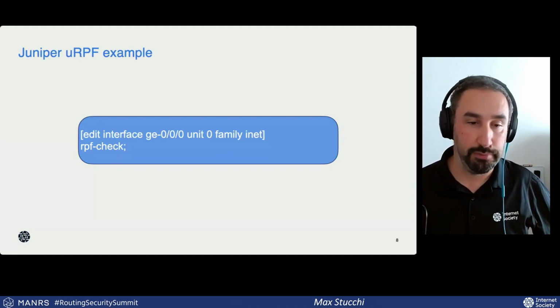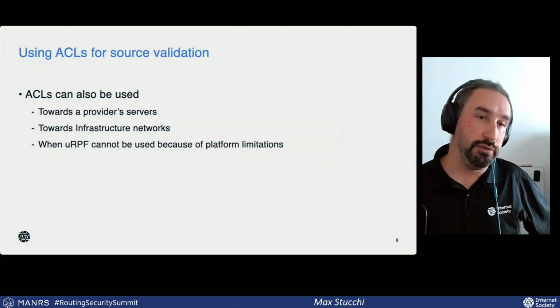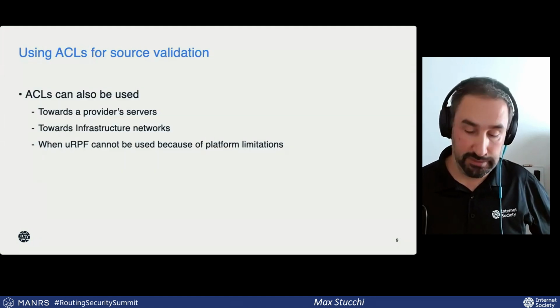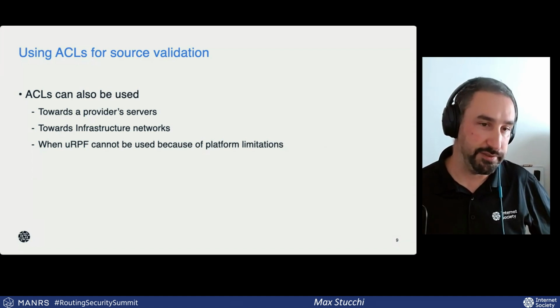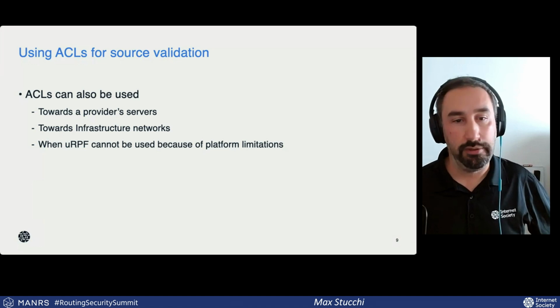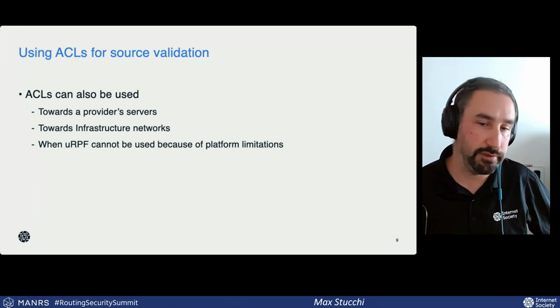Juniper just has one keyword, RPF check. But another way you could do source validation in this case is using access lists. You can use them towards servers, towards your infrastructure networks.